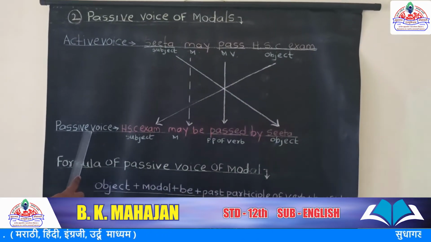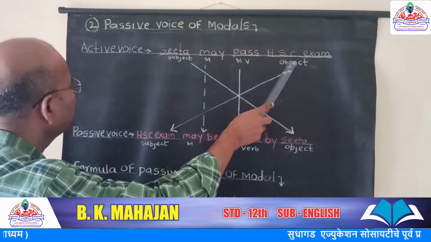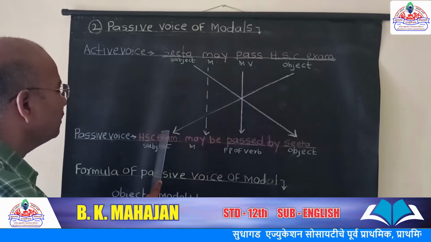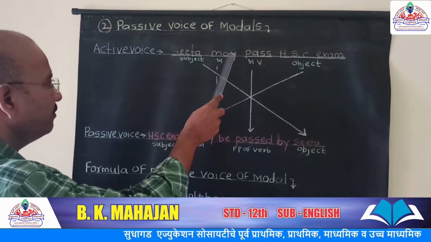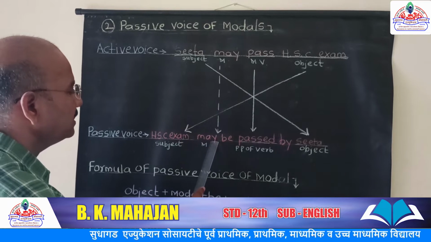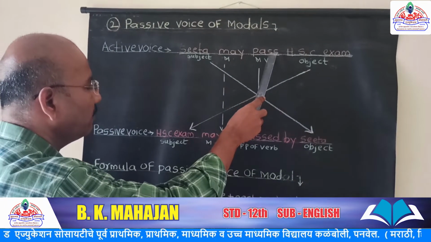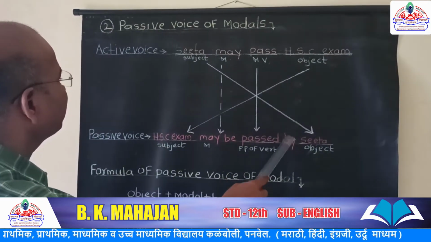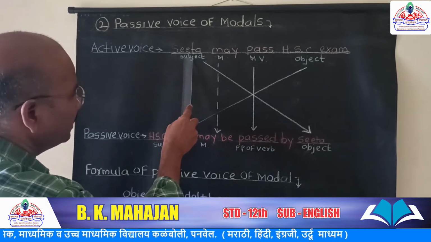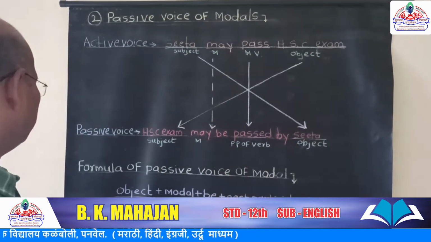While making the passive voice, the object in active voice becomes the subject in passive voice. Then may is taken as it is, with be. The third form of verb is done, then by. Then the subject in active voice becomes the object in passive voice.